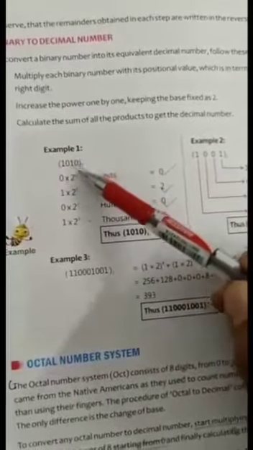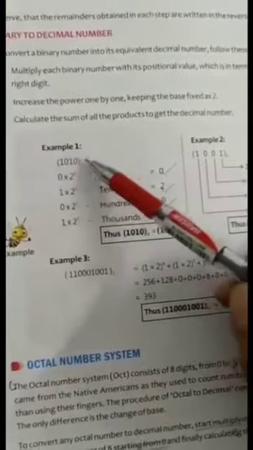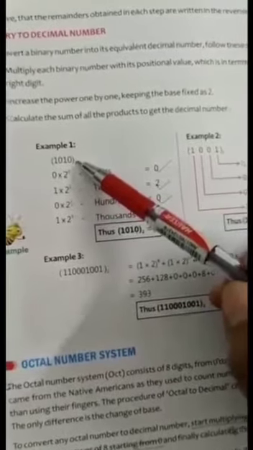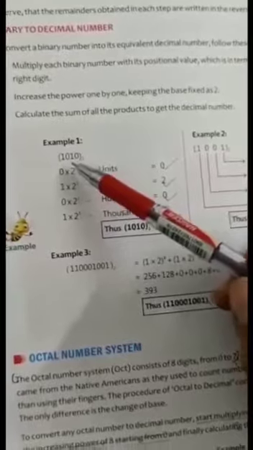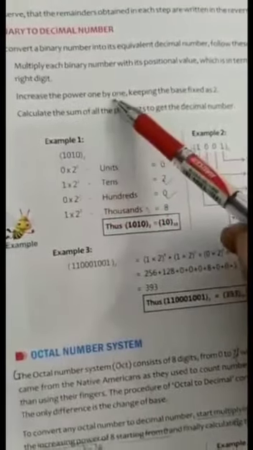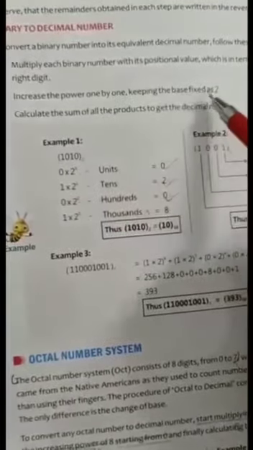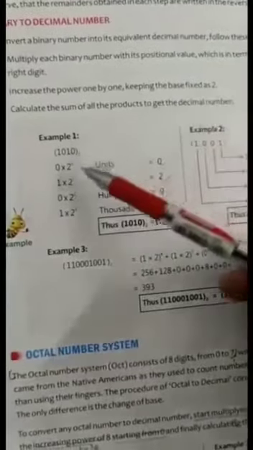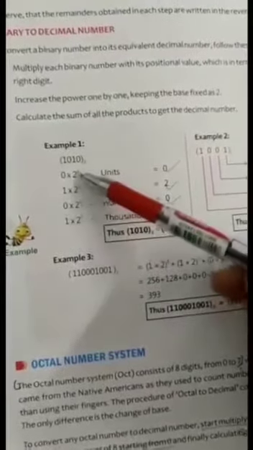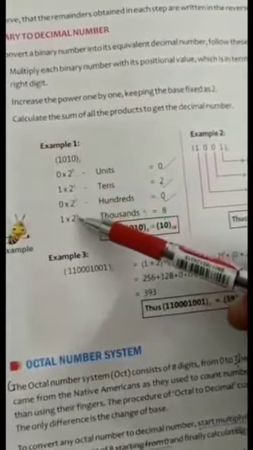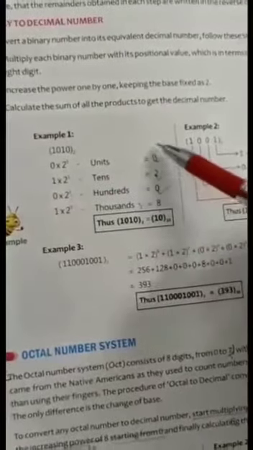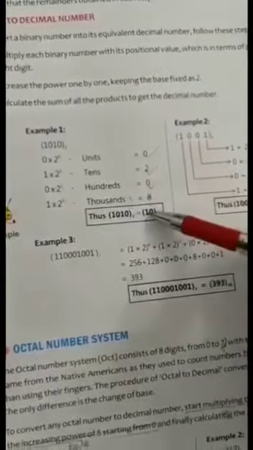We will start from the extremely right digit, and then keep on increasing the power 1 by 1, keeping the base fixed as 2. We will keep the base fixed, only the power will increase 1 by 1, and at last calculate the sum of all the products.